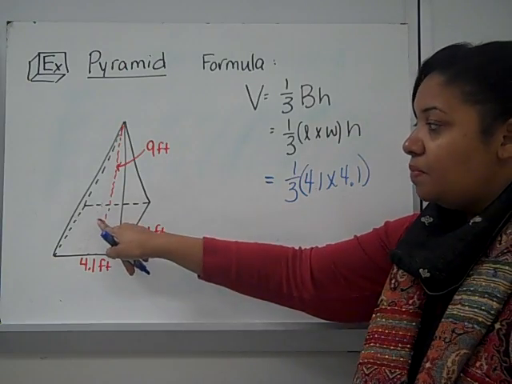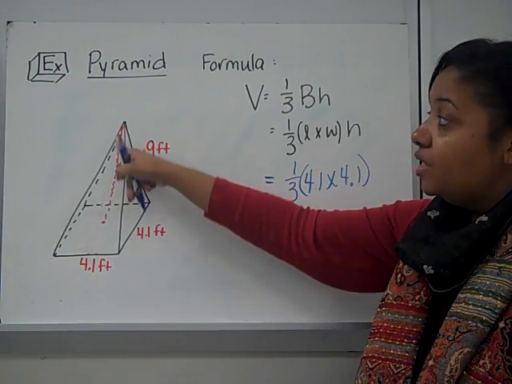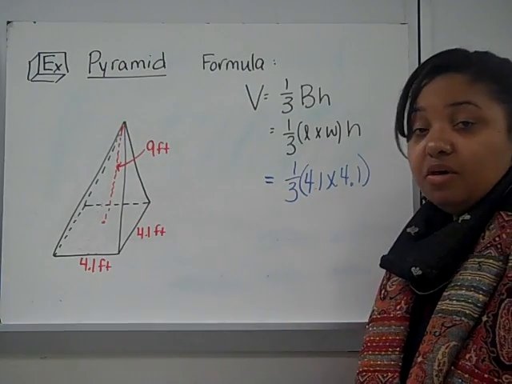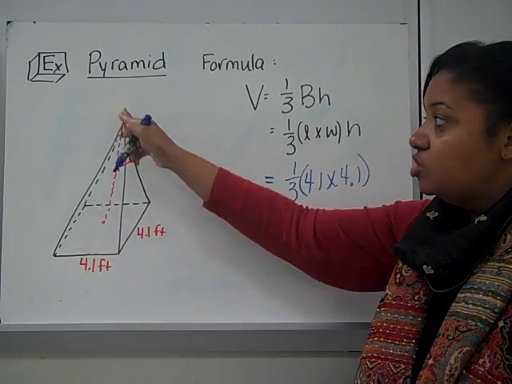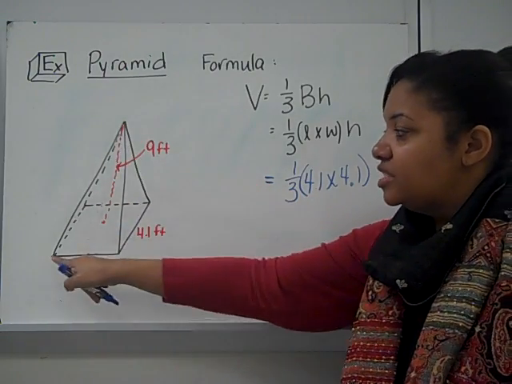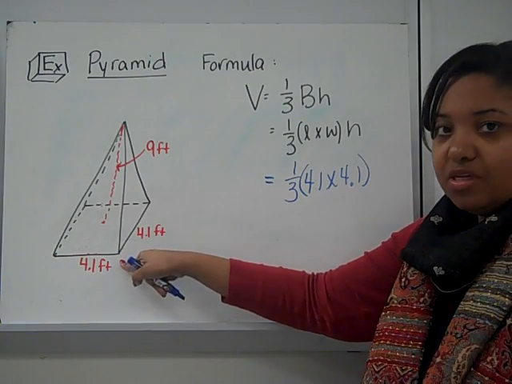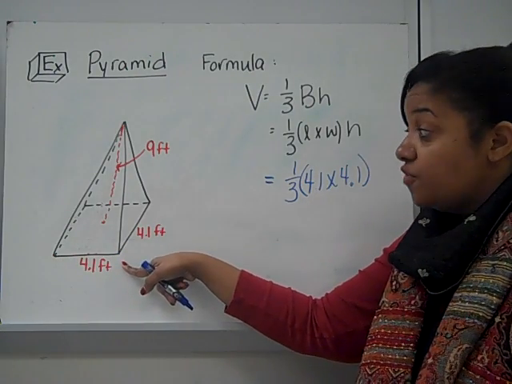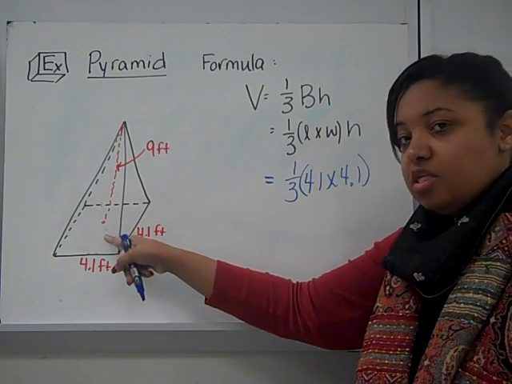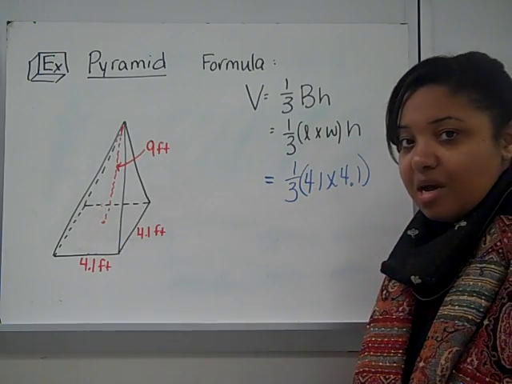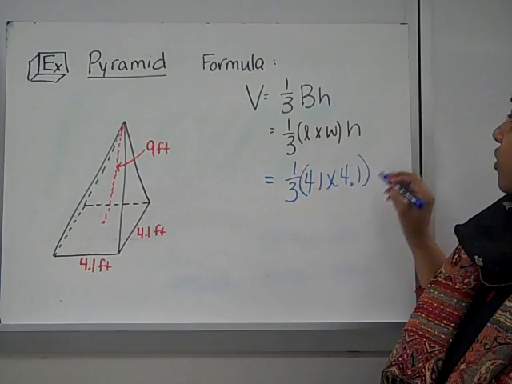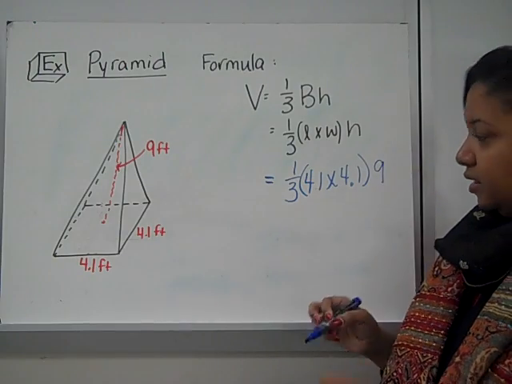This is the height from the base directly up into the vertex of that pyramid. So it's from the base to the vertex, not the edge of each side. That is surface area. Your volume, you need to know exactly how tall it is from the bottom all the way up to the top of that pyramid. So that is going to be 9.